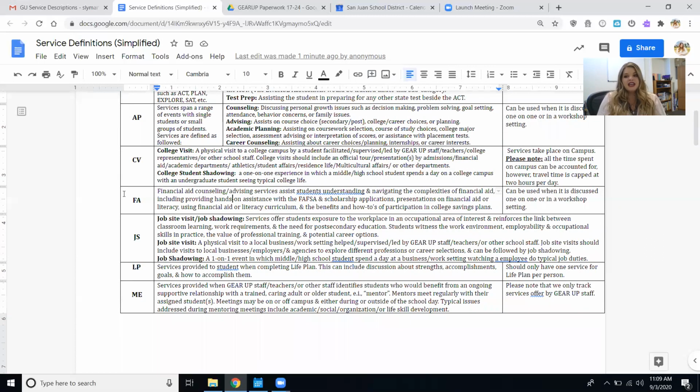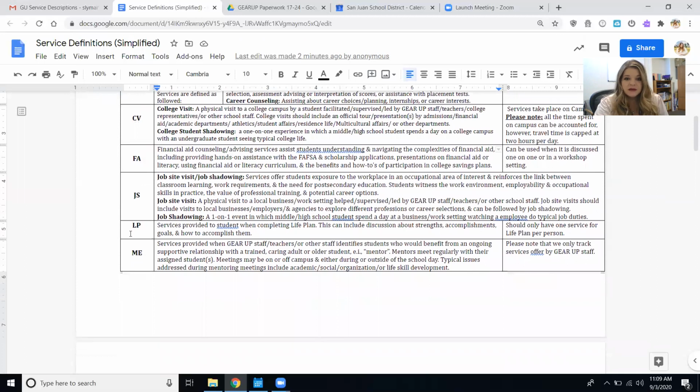This isn't necessarily used when you're just saying, hey, scholarship, because that's not necessarily hands-on. This is when you're sitting down physically with them, physically working with money. That's generally used mainly with your seniors, okay?